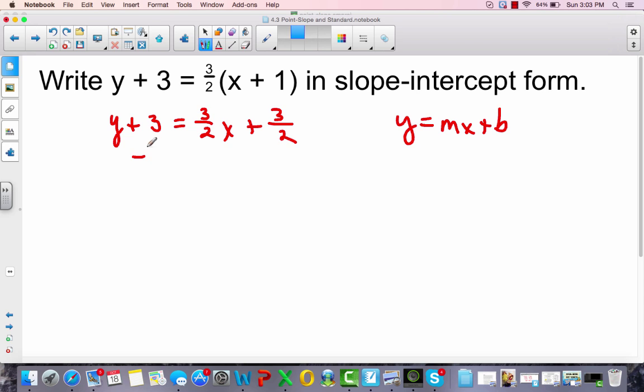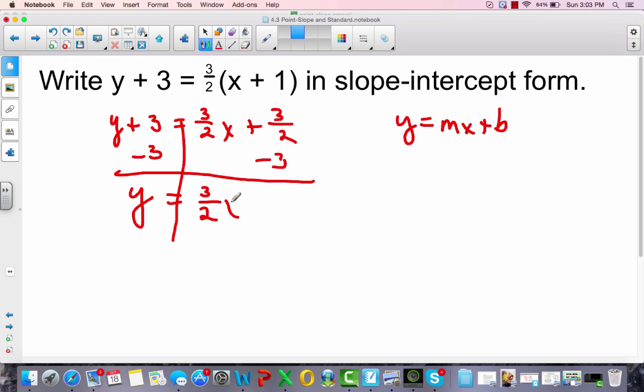So we go minus 3 and minus 3. That gives us y equals 3 halves x. This is 1.5. So negative 3 and positive 1.5 gives us negative 1.5.